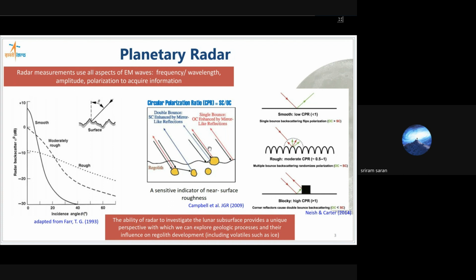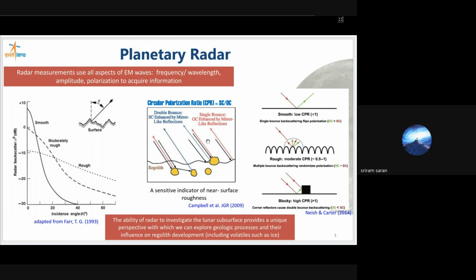So this is a first cut indicator of several parameters, including roughness as well as detection of ice in certain conditions. So the cartoon in the middle shows how the interactions of the radar waves with the target surface gives rise to these two different polarizations, where you have the OC, the opposite sense, dominated by single bounce reflections.